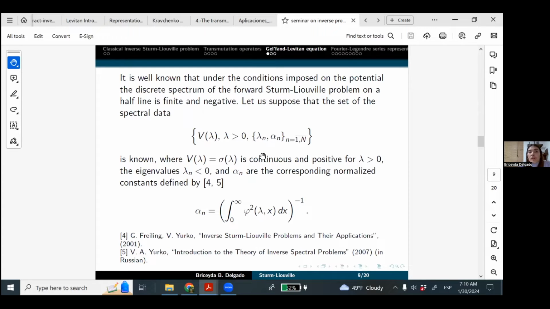If we denote the set of the spectral data like this, here v will be a continuous and positive function, lambda sub n and alpha sub n will be the eigenvalues and the corresponding normalizing constants, and the expression for these constants is given here.